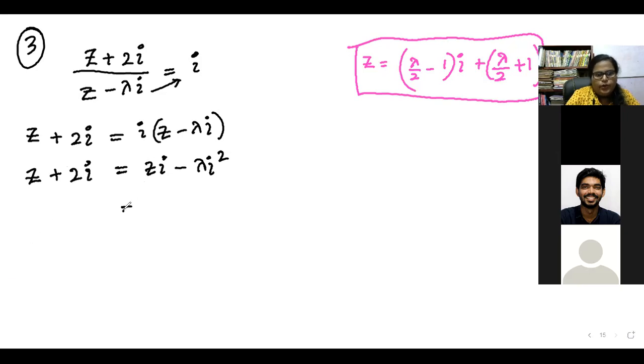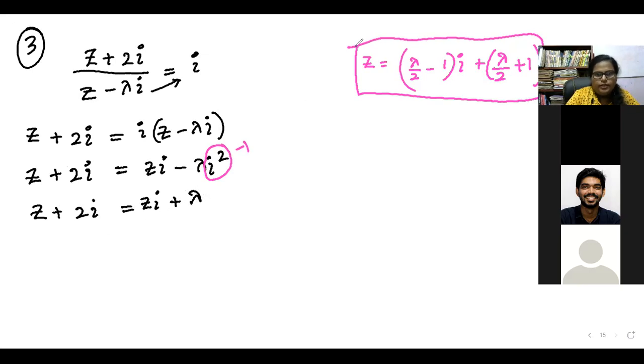Since there is an i square term, we can take this as minus 1. So this can be written as zi plus lambda, and z plus 2i is there. Is this clear? Since this is minus 1, this minus lambda times minus 1 gives you plus lambda here, right?